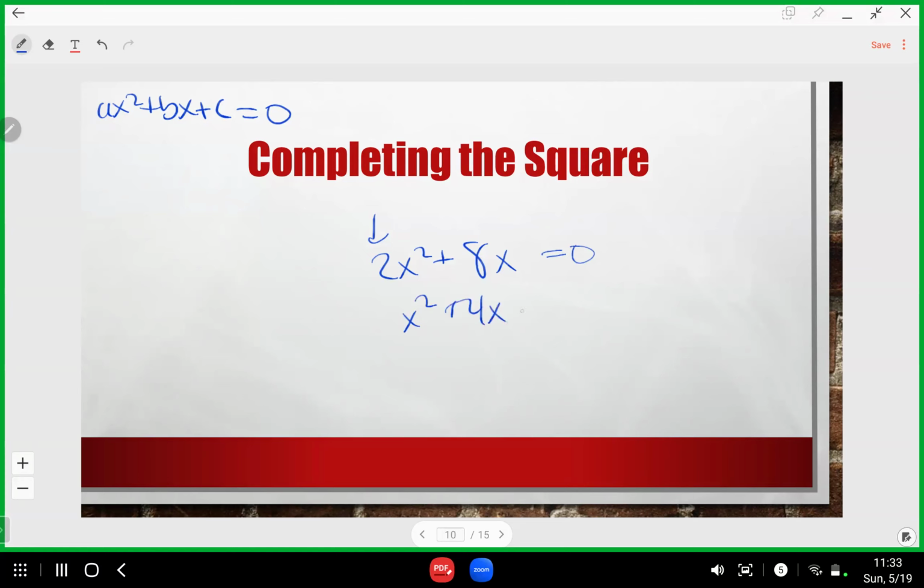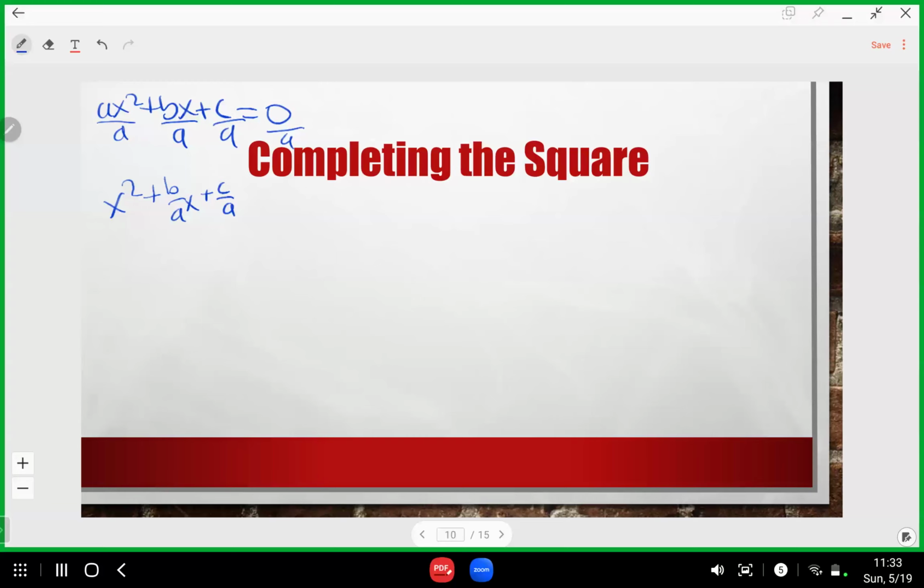Now you can add 4, and you can complete the square, right? So you have to divide by a first to make sure that it's just x squared. So we divide a on everything. Obviously, we get x squared plus b over a x plus c over a.